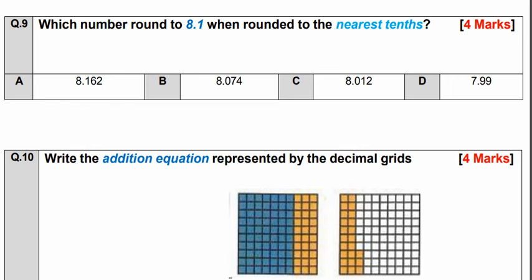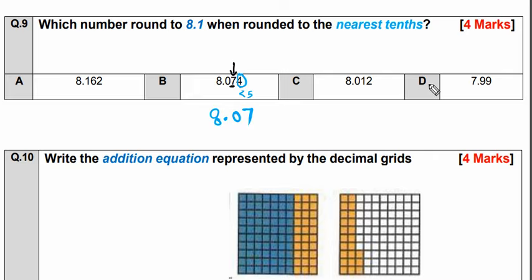Now if I say hundredth place, it means I'm talking about this. So I will look at this number. This number is less than 5, so it will remain the same, 8.07.